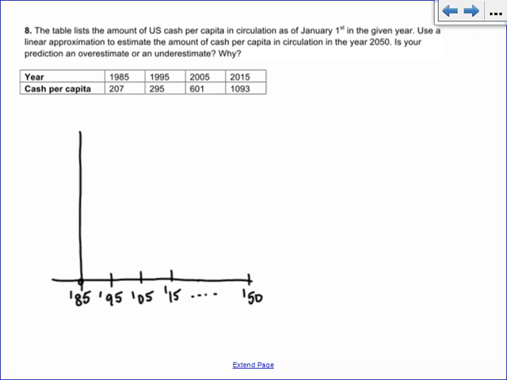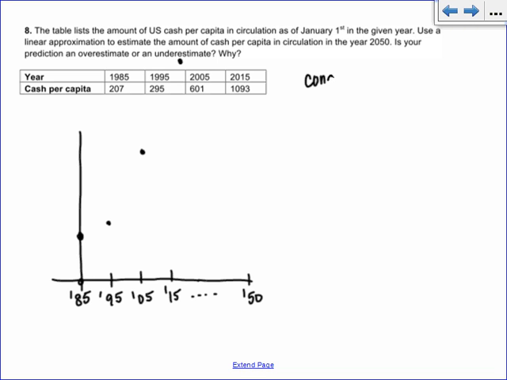All right, so I want that one. You don't have to be super exact, you just have to think about it. 2.07, let's say it's here, then 2.95 is going to be close. 6.01 though is going to be way up here. And 1093 is going to be really far up there. Does that make sense? Do you think that this is concave up or concave down?